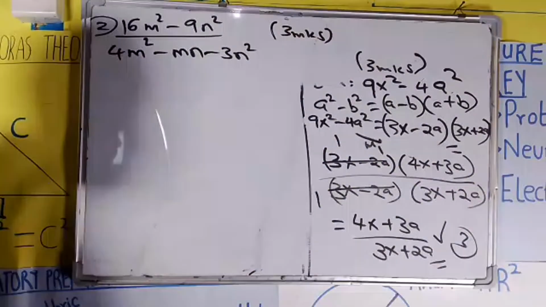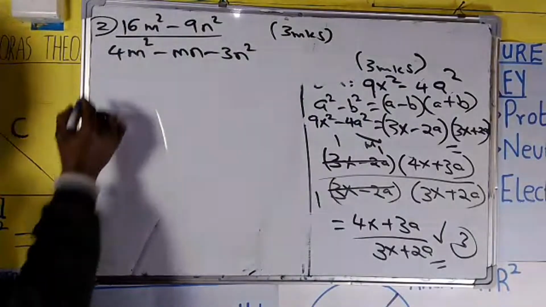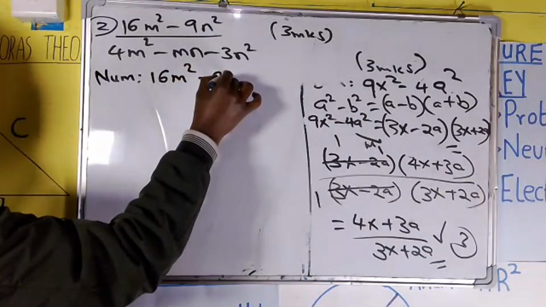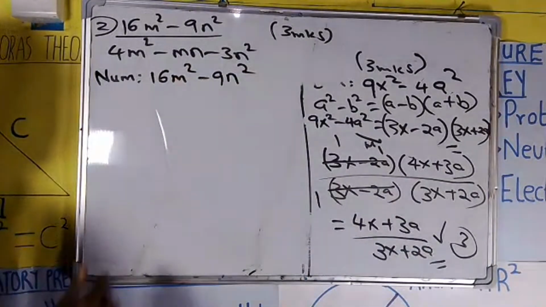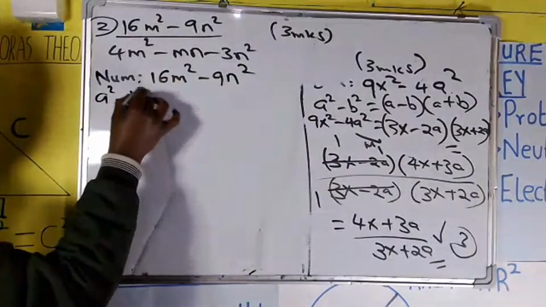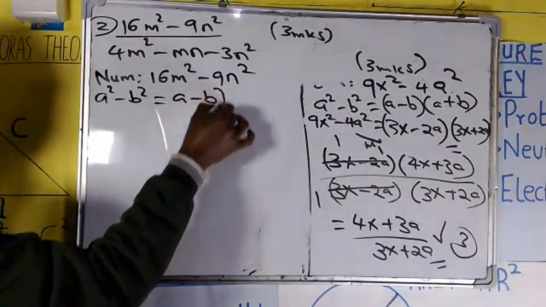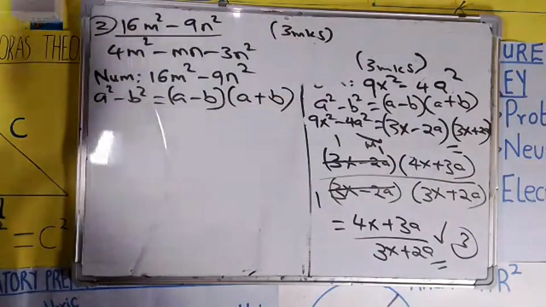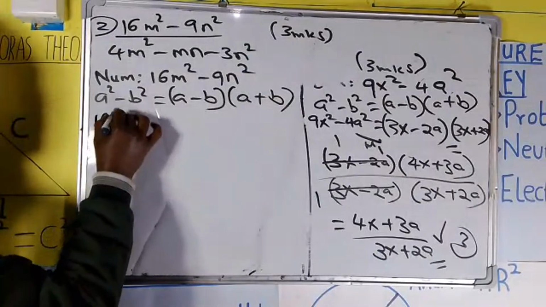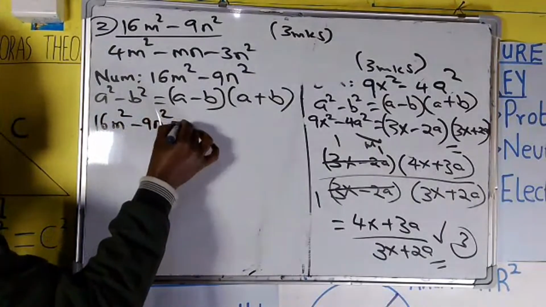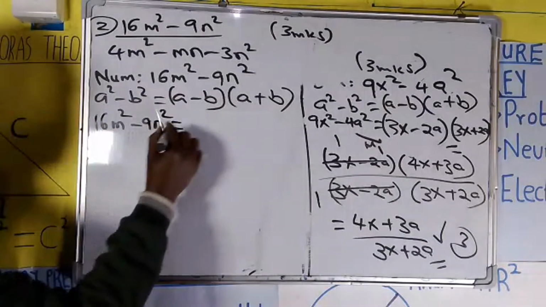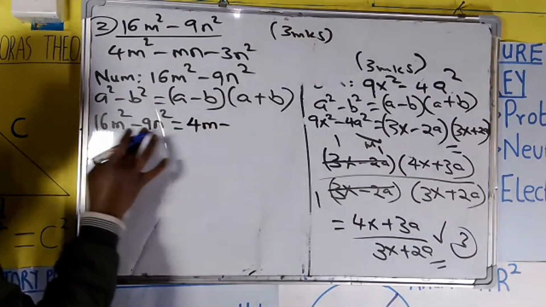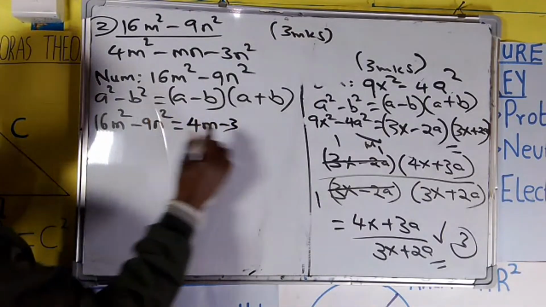So the same scenario applies in this case. We will start with the numerator 16m squared minus 9n squared. We said for difference of two squares, a squared minus b squared is equal to a minus b, a plus b. This one is 16m squared minus 9n squared. It should be equal to the square root of 16 is 4, the square root of m squared is m, minus the square root of 9 is 3, the square root of n squared is n.